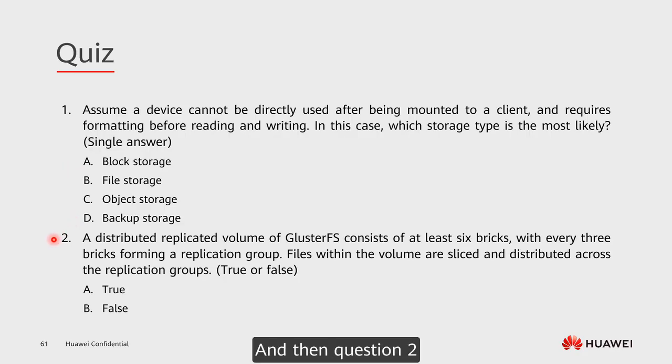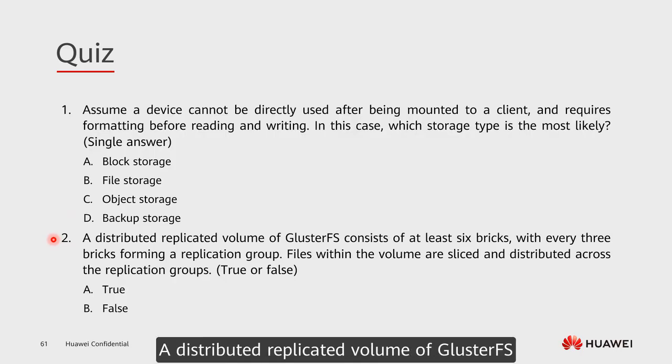Question 2. A distributed replicated volume of GlusterFS consists of at least 6 bricks, with every 3 bricks forming a replication group. Files within the volume are sliced and distributed according to the replication groups.